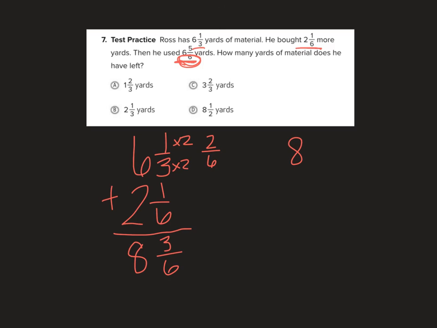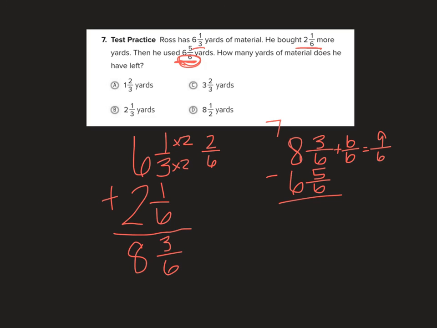So now I have 8 3/6 minus 6 5/6. Notice I'm trying to take 3/6 minus 5/6, and I cannot do that. I don't have enough. So I have to ungroup, add my 6/6. This is really hard to say sixth so many times, but 9/6.